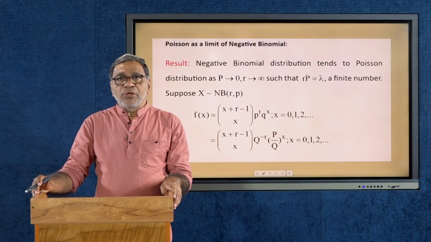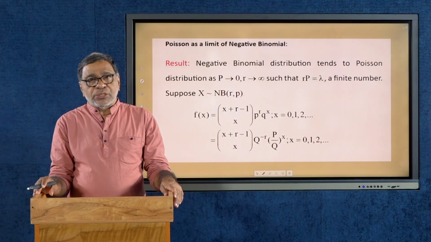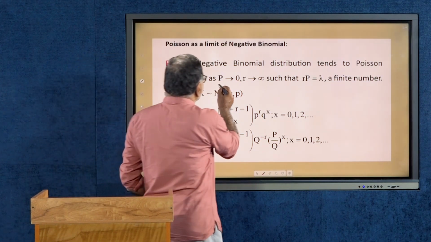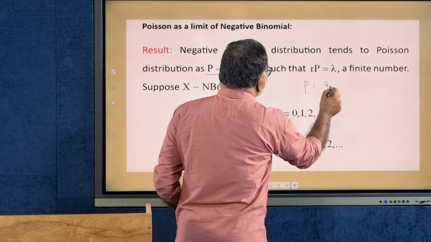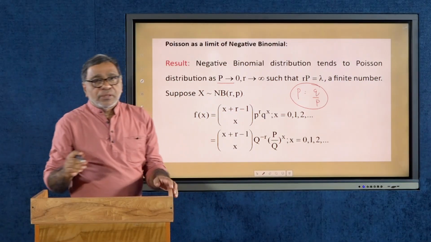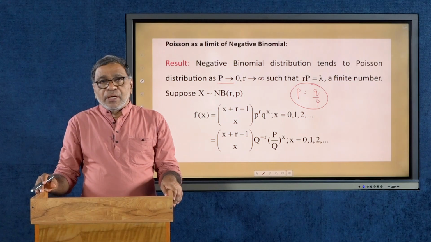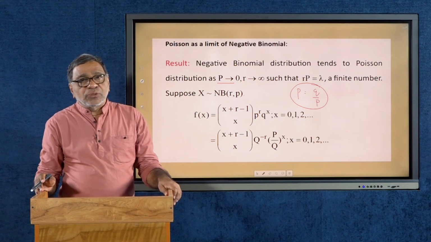A negative binomial distribution tends to the Poisson distribution as capital P tends to 0, where capital P is equal to q divided by p, and such that Rp is equal to lambda.